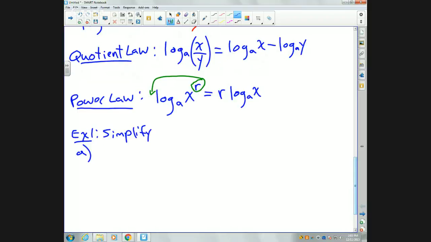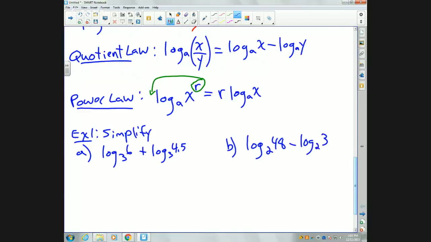So let's simplify log 6 base 3 plus log 4.5 base 3. How can we rewrite this?